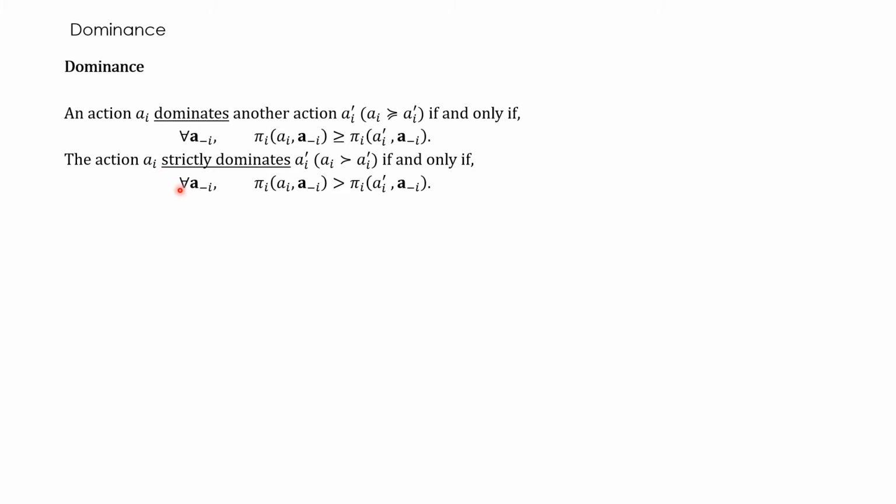Dominance. An action a sub i dominates another action a prime sub i, denoted this way, if and only if for every opponent action a sub negative i, agent i's payoff with action a sub i is always greater than or equal to its payoff with a prime sub i.